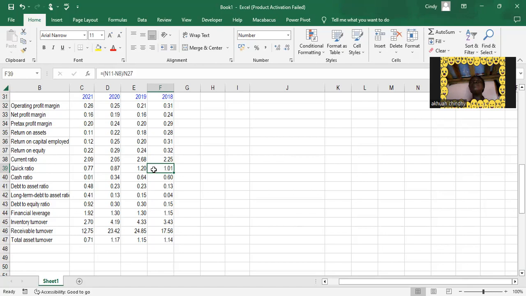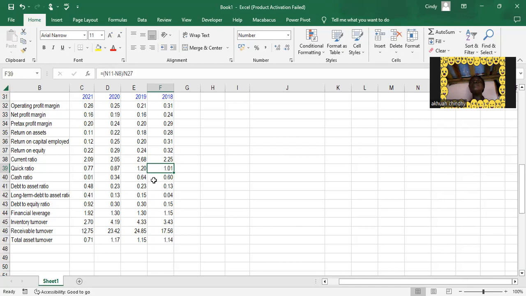It's how you understand it based on the formula of the ratio, and then the figures. So in 2019 it increased, so the business has improved its most liquid assets to an extent that it is able to cover its current liabilities 1.2 times. And that is it. And everyone who hears this will understand. You get it.